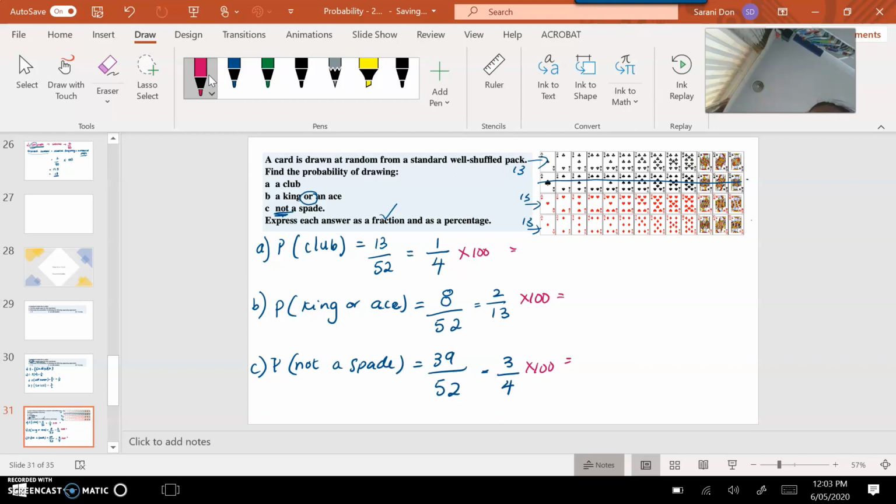So for the first one, a quarter of 100 is 25%. 2 out of 13 times 100 is roughly 15.4%. And for the last one, 3/4 of 100 is 75%. So this is how you express it in fractions, and this is how you express it in percentages.